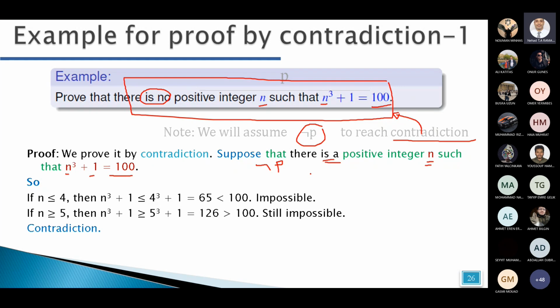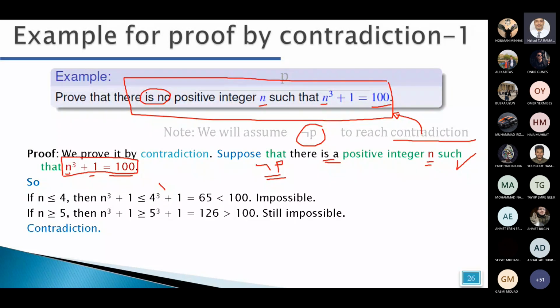Now we want to prove this is impossible. If we prove that not P is impossible to happen, then P is correct at the beginning. Okay, how to prove this?